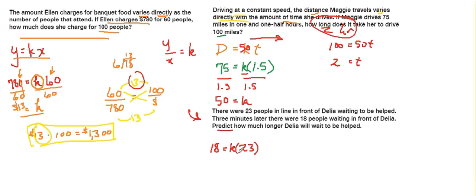Something changed, and then 18 was the output. Something was 3 minutes. I'm thinking after every 3 minutes, you basically lose 5 people. How much longer will she wait to be helped? Basically meaning how long until there's 0 people in line?